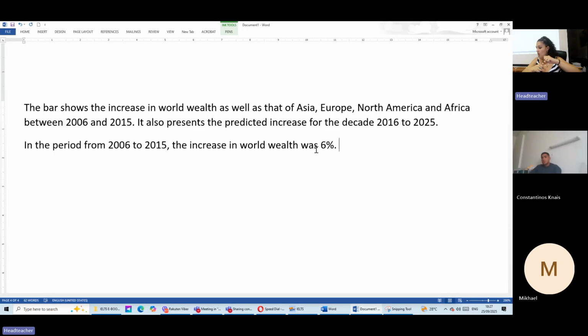So what would be the best idea? Giving the percentages one by one, like the world increase was 6%, in Asia it was 9%, in Europe it was 6%, in North America it was 5%, in Africa it was 5%.